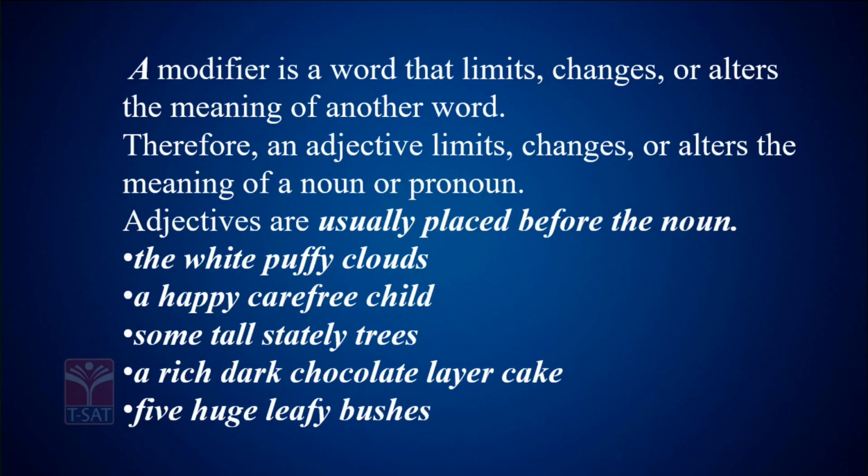So, in these five sentences, the white puffy is an adjective, a happy carefree is an adjective, some tall stately is an adjective, a rich dark chocolate layer is an adjective, five huge leafy is an adjective. Because these words are modifying clouds, child, trees, cake, bushes respectively, right.